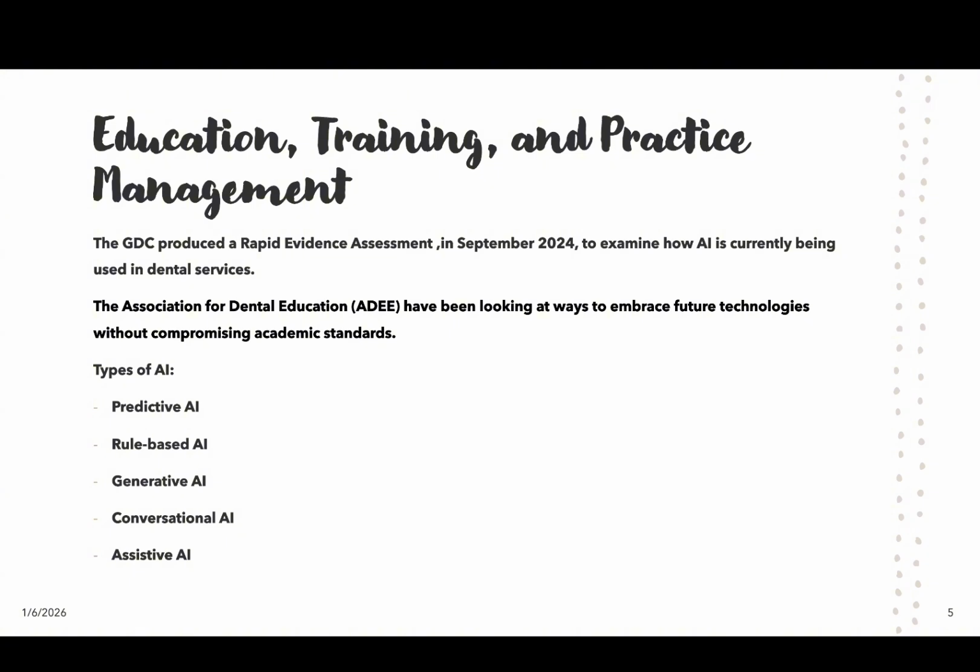It's also aiming to understand future areas of development in AI applications, methods used to evaluate the role and impact of AI, and gaps in the evidence base and priorities for future research.